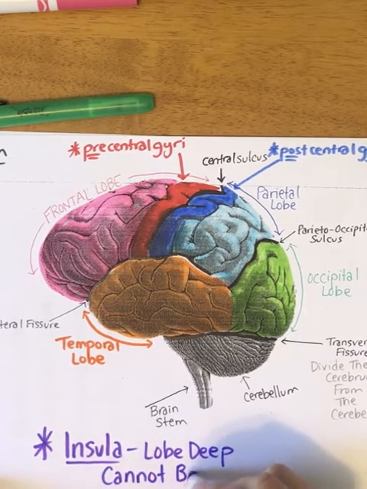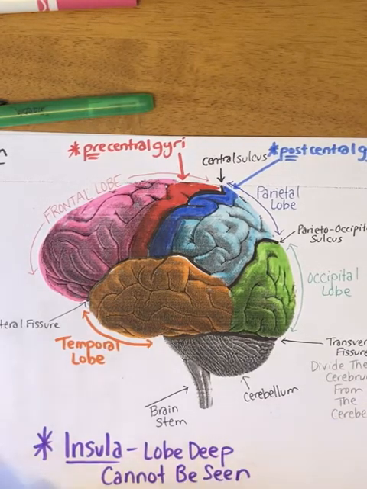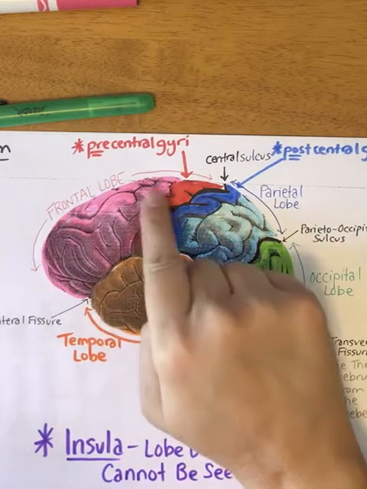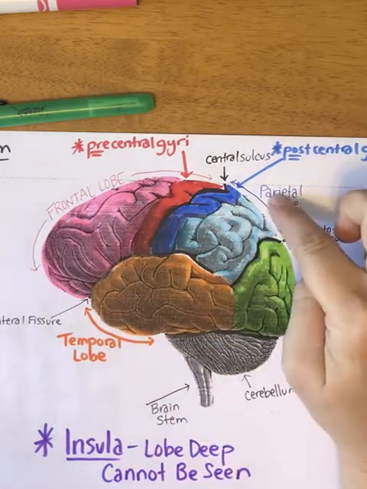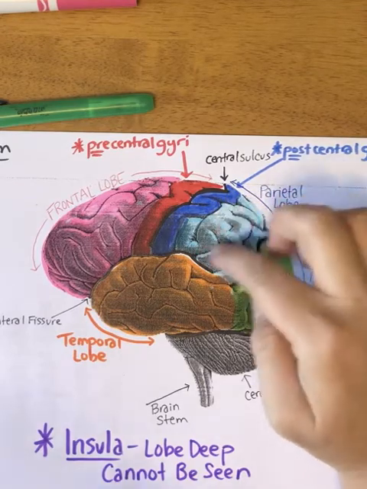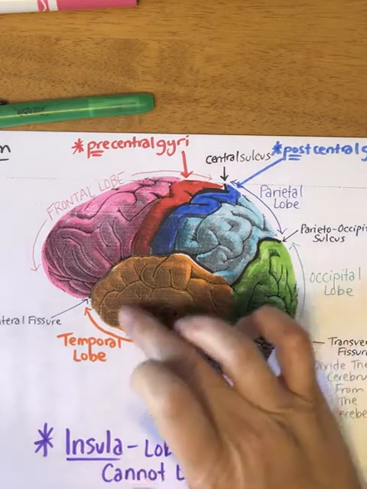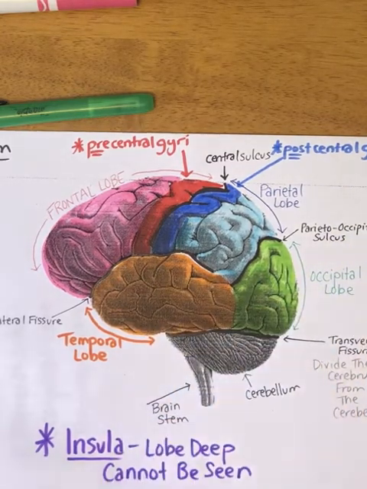It cannot be seen. So there are 5 lobes. Your frontal lobe, which is going to be involved with motor. Your parietal lobe, which is going to be involved with sensory for now, that's all we're going to say. The occipital lobe and the temporal lobe, and you have the insula.